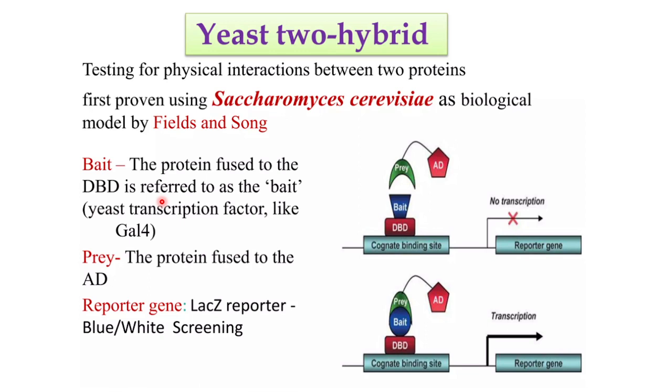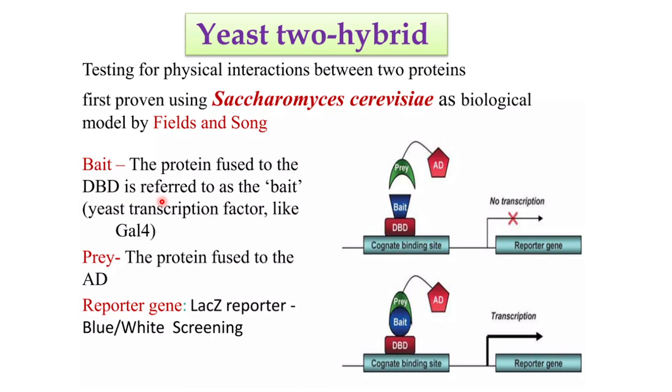So you have two domains. One is the DNA binding domain or the DBD, and the other one is your activation domain. The protein fused to the activation domain is your prey, and the bait is the one to which the DNA binding domain is fused.